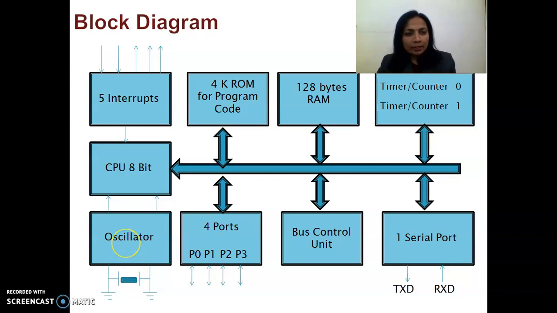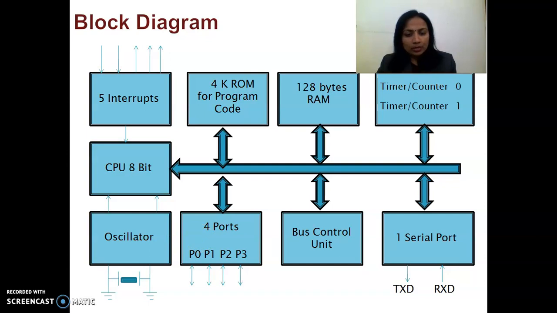Some microcontrollers also come with a crystal oscillator which has an odd frequency of 11.0592 MHz. The next block of 8051 microcontroller is 4 I/O ports, which are P0, P1, P2 and P3.